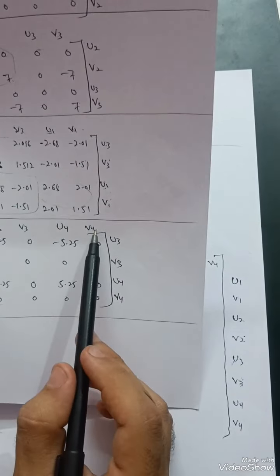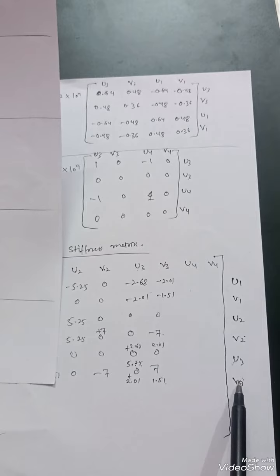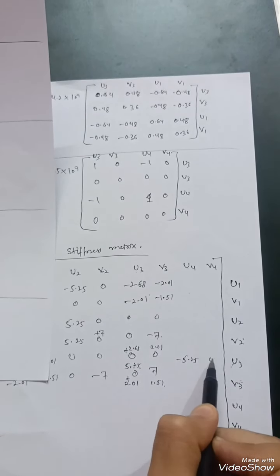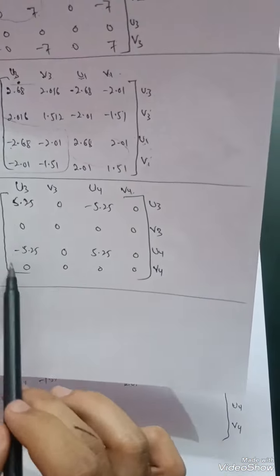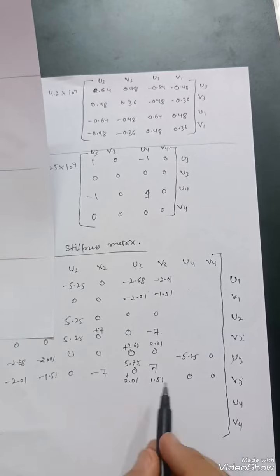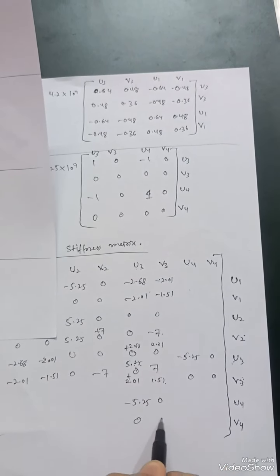Then u4 v4 u3 v3 will come up over here, that is minus 5.25, 0 0 and 0. Then u3 v3 u4 v4 will come under this: minus 5.25, 0 0 and 0.